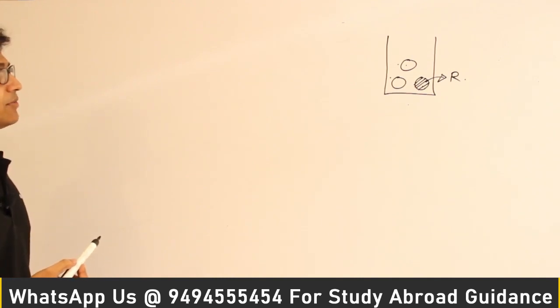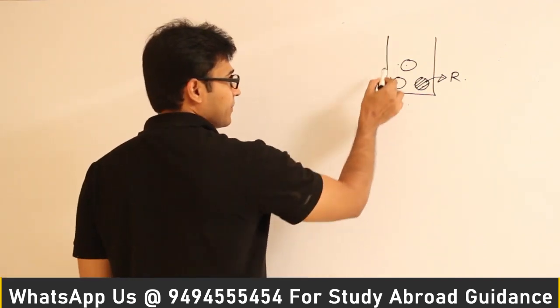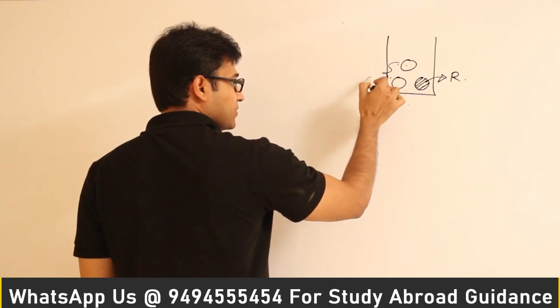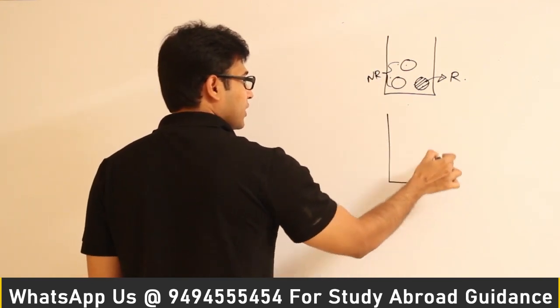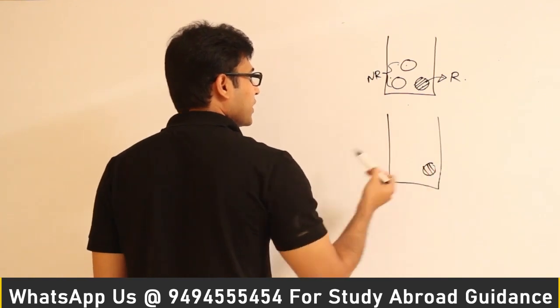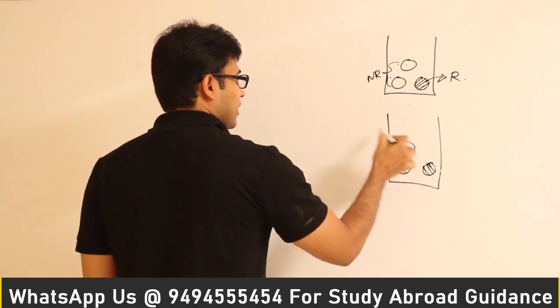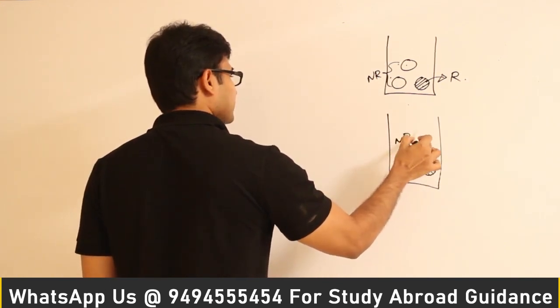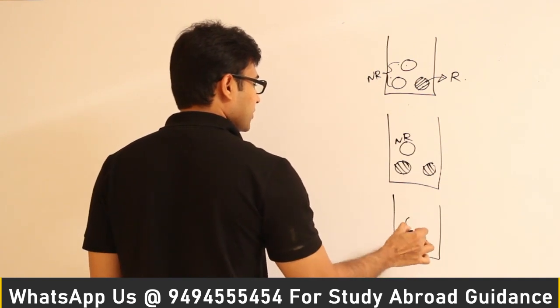So this actually depends on various assumptions. The first assumption can be that these 2 balls may be non-red, or one ball is definitely known to be red and the other ball might be red and the other one may be non-red, or the other case is that all the 3 balls may be red.